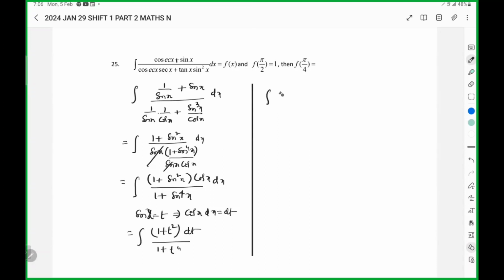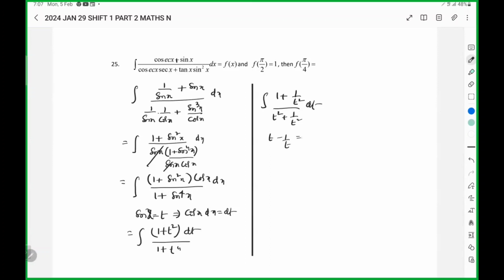So dividing with t square, we get 1 plus 1 by t square, t square plus 1 by t square.